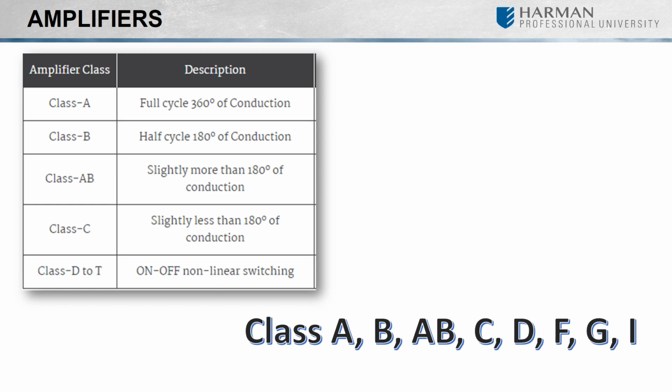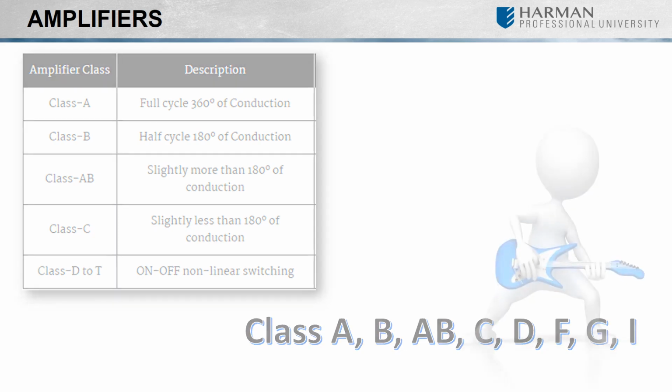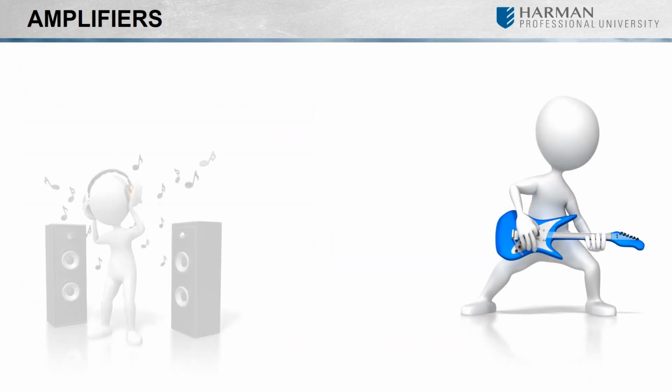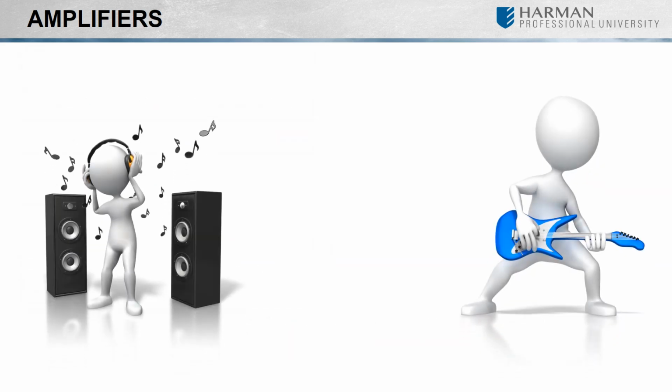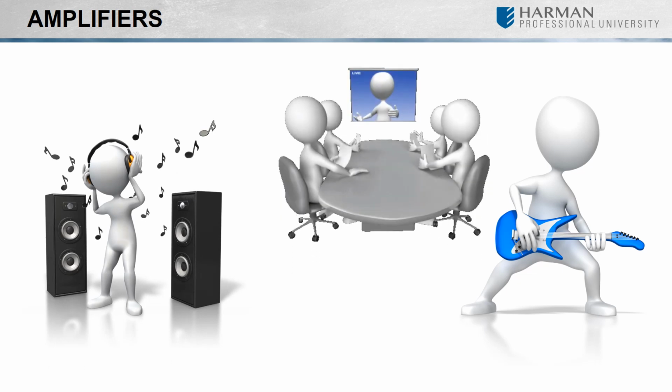Each class has its place in today's world, offering different sonic characteristics and power efficiency that will be attractive for a myriad of reasons, whether it's the guitar player looking for that perfect tone, an audiophile that enjoys music loud and clear, or for those who are looking for an energy-efficient and great-sounding solution for a corporate installation.